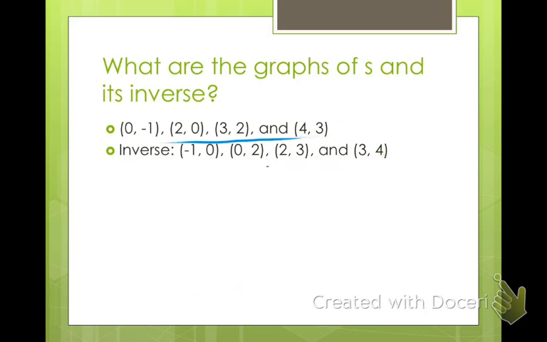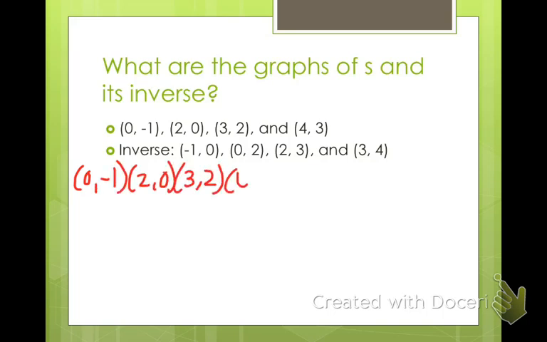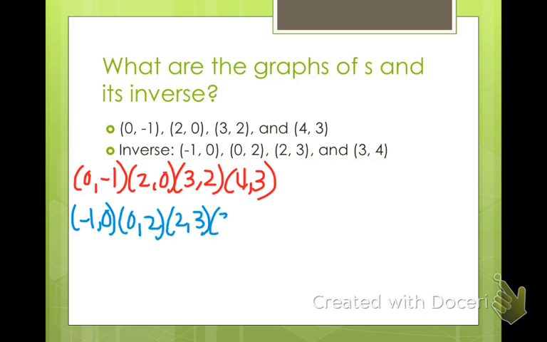So we have (0, negative 1), (2, 0), (3, 2), (4, 3) as our function, and our inverse is (negative 1, 0), (0, 2), (2, 3), (3, 4).